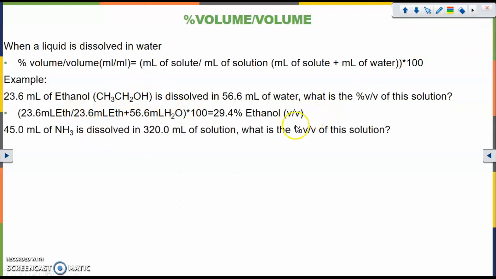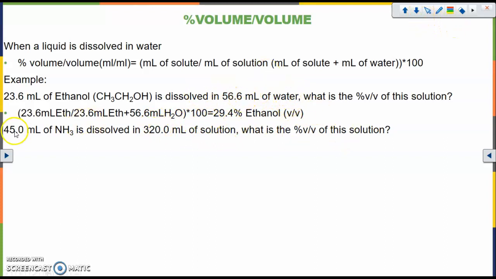Another example, what is the percent volume of the solution when 45 mils of ammonia? Ammonia, by the way, is soluble in water. Is dissolved in 320 mils of solution. So in this case, there is no addition required because the total volume of the solution is given to you. Here it says water, here it says solution, here there's no addition, here it says water, there was an addition.